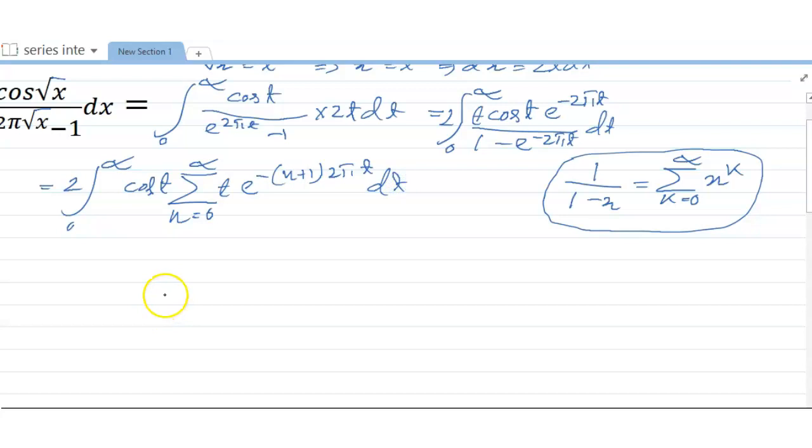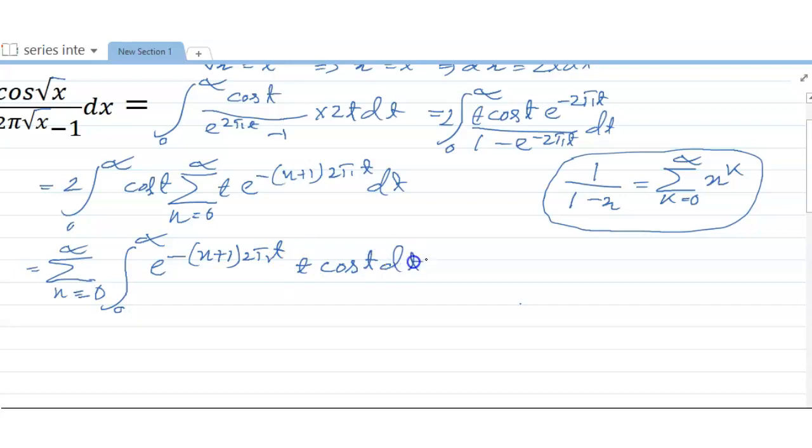I can write this way, and after that it can be written this way: summation n equals 0 to infinity, integral from 0 to infinity of e to the power minus (n plus 1) 2 pi t into t cos t dt.